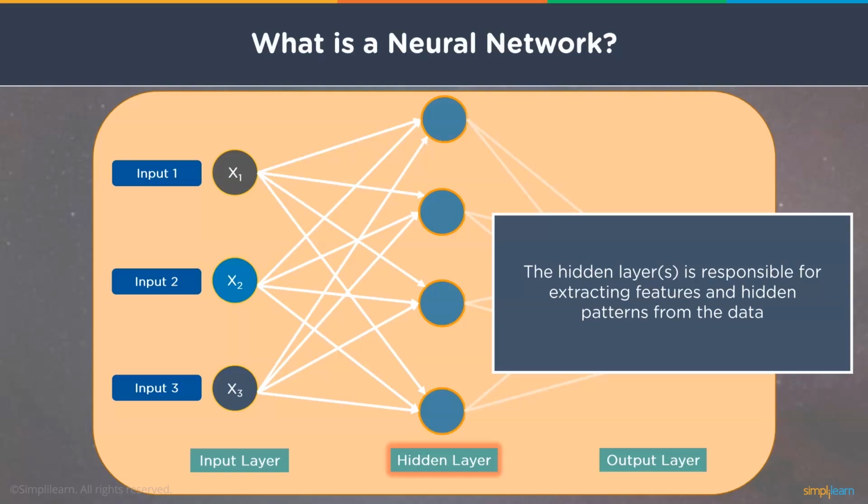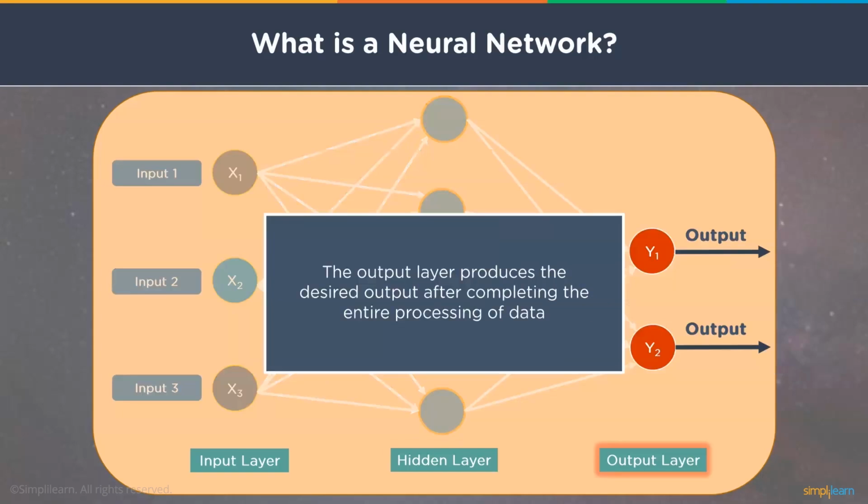If you're looking at the iris data, it might be the width and length of the petal. Each one of those would be a feature. You have these nodes which generate a number that doesn't really have a specific representation, but it becomes a way of looking at it, adding the features together and creating an importance value there. And the output layer produces the desired output after completing the entire processing of the data.